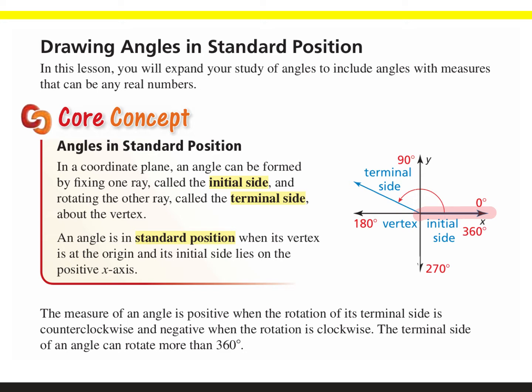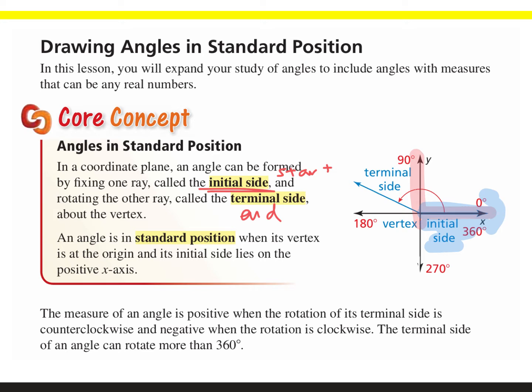So if it tells us that our angle is 90 degrees, we would end at this 90 degrees here. So our terminal side is always where we end, and initial side is always where we start. So this is always, always, always your initial side here. This ray is your initial side.